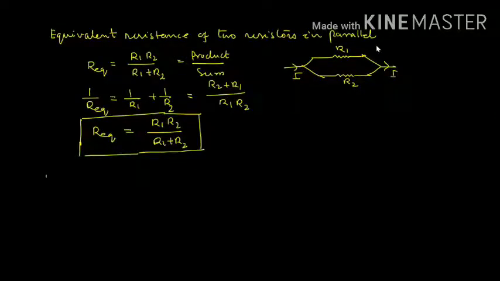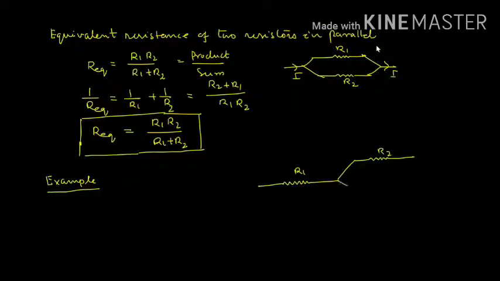Let us consider one example. We consider a resistor R1, and another two resistors, R2 and R3, are parallel.